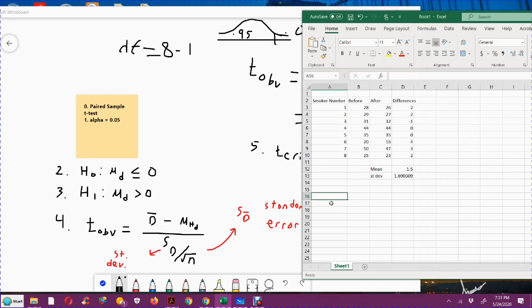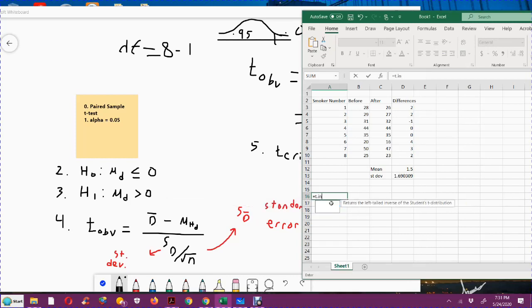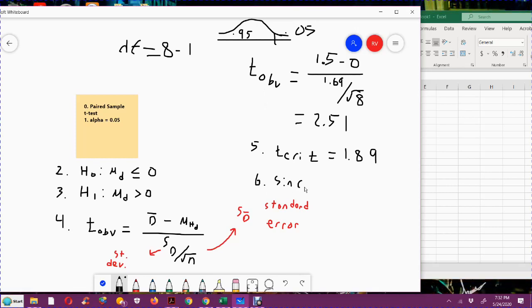I can use equals t.inv, where I'm going to put the 0.95 below, and then the degrees of freedom, which is 7. So that t critical value is going to be 1.89. And it's not plus or minus, it's only the positive because we're doing a one-tail test on the positive side. So in this case, our t observed value is above the t critical value.